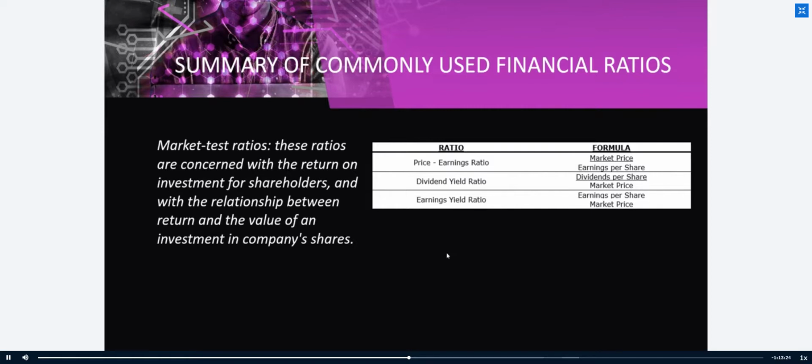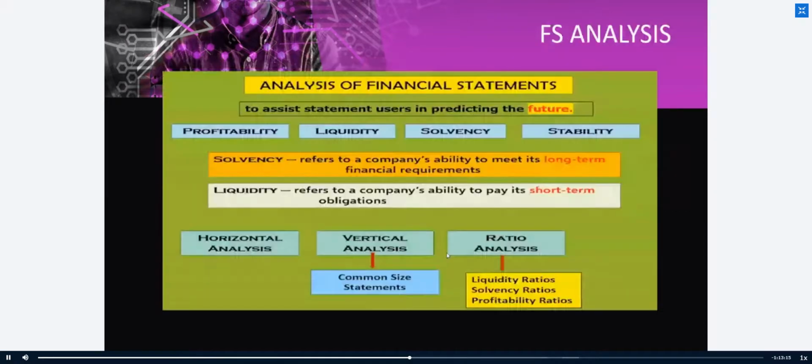Later on, like I said, we'll proceed with the problems to illustrate all of this. So don't worry. Just before we go to the discussion exercise, let me give you a full overview of what we have already discussed on the financial statements.